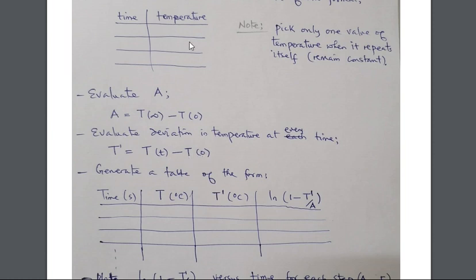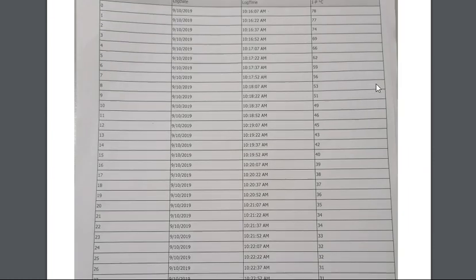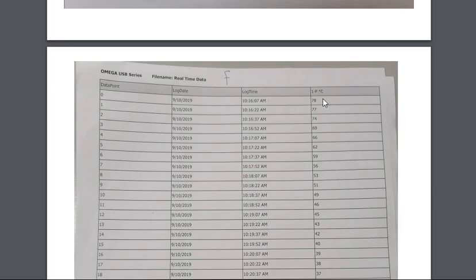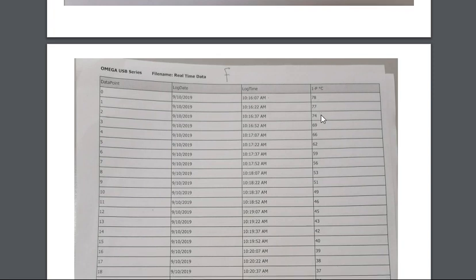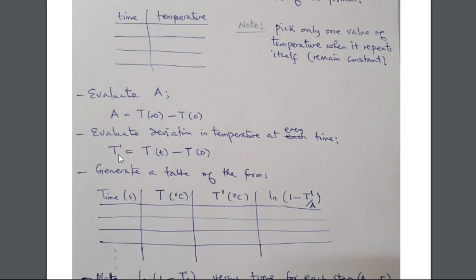For instance, if I want to evaluate the deviation for this one, at first it will be 0 because it will be 78 minus itself. The next one will be 77 minus 78. The next one will be 74 minus 78. The next one will be 69 minus 78, and continuously we obtain the respective temperature deviations.